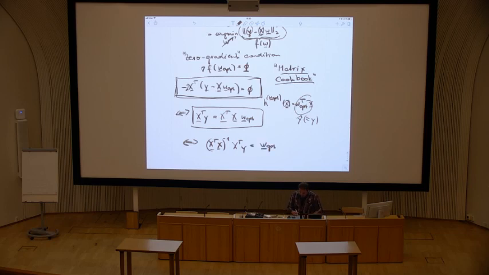So here pops up the inverse, which we asked you about in the first quiz. You can solve this linear regression problem directly without any gradient descent iteration. Remember, gradient descent gives you a sequence of vectors which become more and more close to the optimal weight vector, but never reach it exactly.